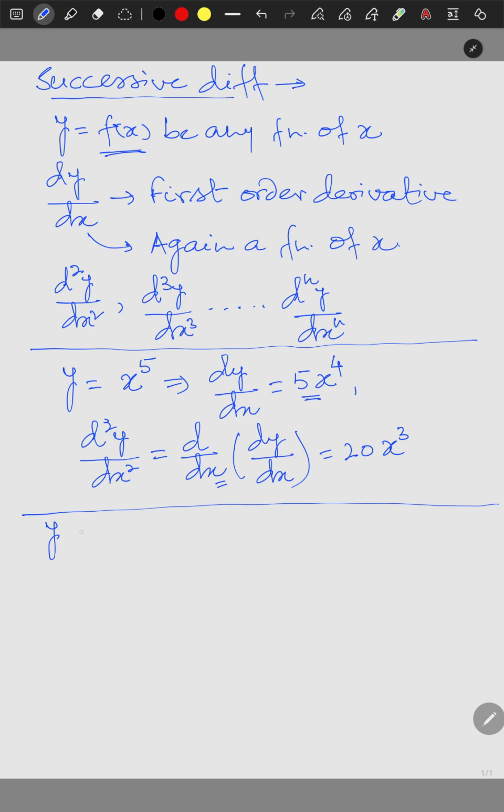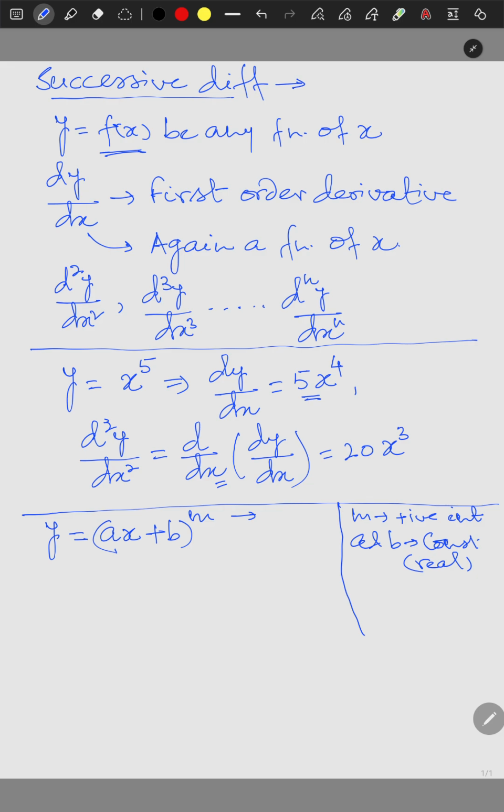Our first case is the function (ax + b) to the power m, where we assume that m is a positive integer, and a and b are real constants.